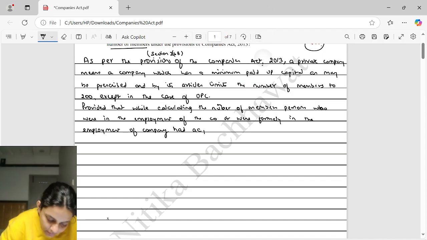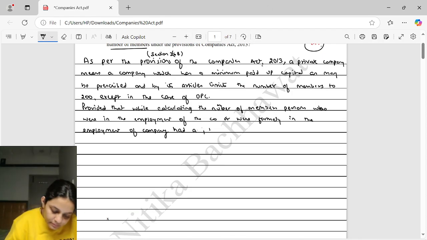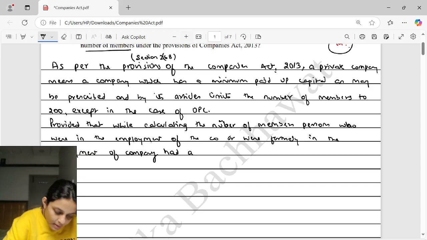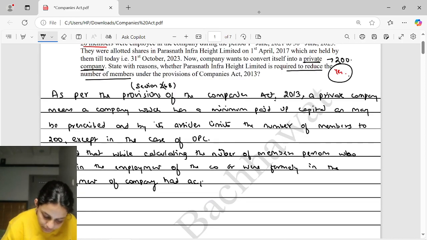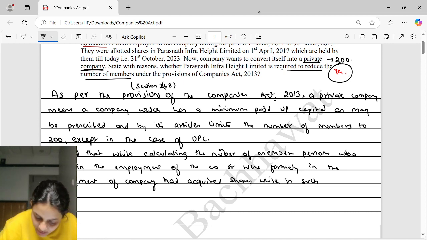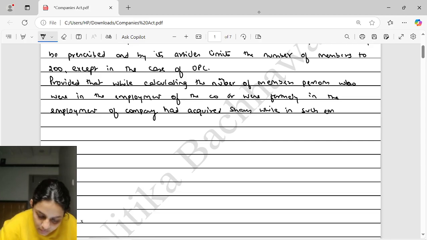So had acquired shares while in such employment.